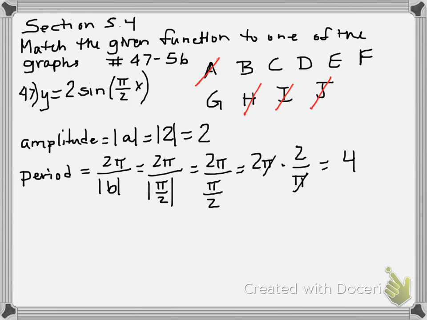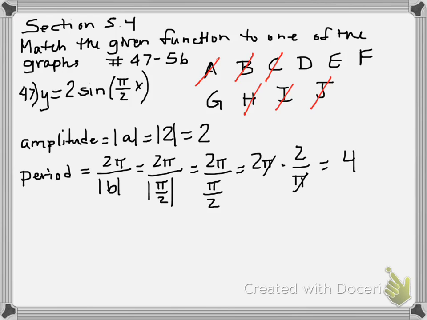The next thing, B. B is a sine function, but one complete period for B goes from 0 to 4 pi, not from 0 to 4. So I can eliminate B as well because its period is 4 pi. When I go to C, C is not a sine function either. It is cosine. So I can eliminate C.